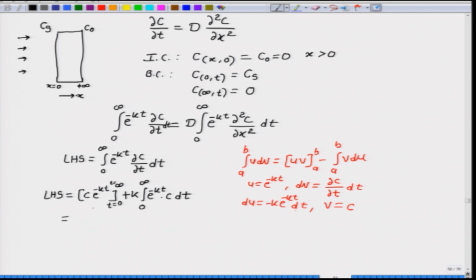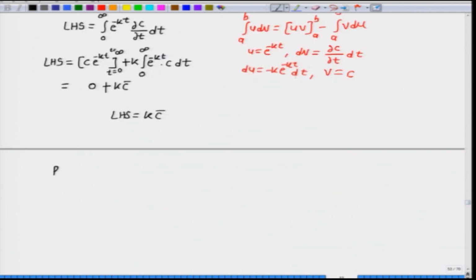So, c naught is 0, c at t equal to 0 at any x is 0. So, the first term becomes 0 plus the second integral, which is nothing but the Laplace transform of c of x, t. So, it is k c bar. So, our LHS comes out to be k c bar, where c bar is the Laplace transform of function c.